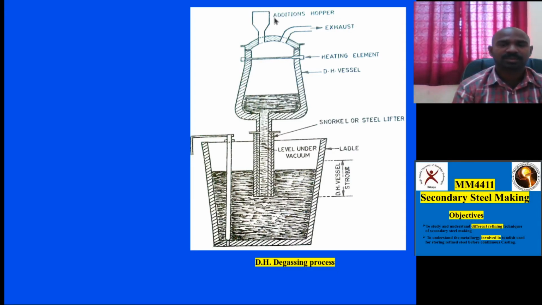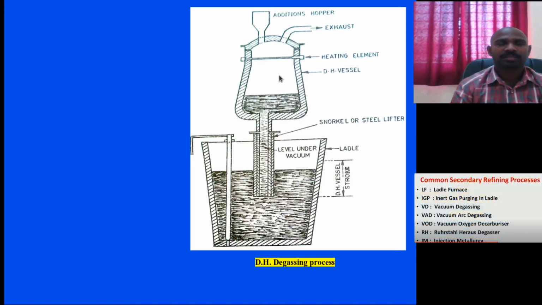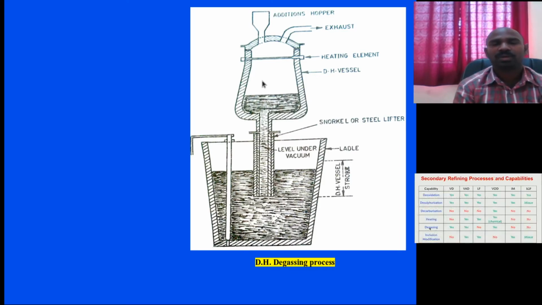There is a special provision for alloying additions. For example, if you want to add some molybdenum or titanium additions, you can add. There is a provision, and it is dipped into the molten steel.